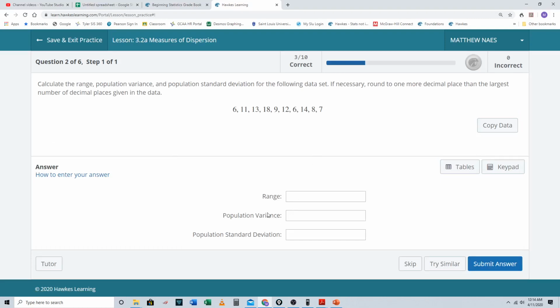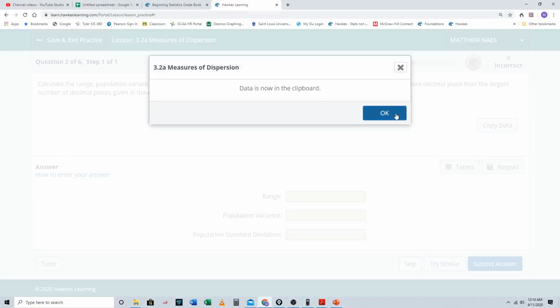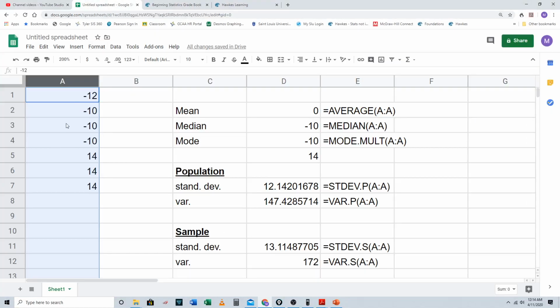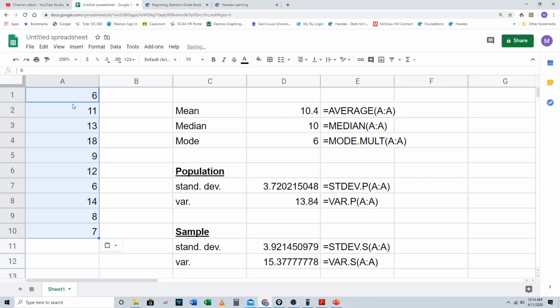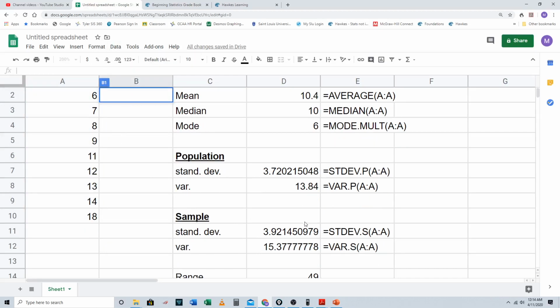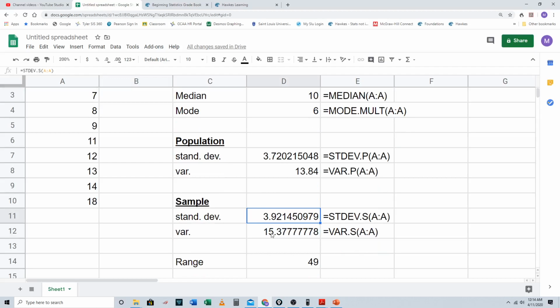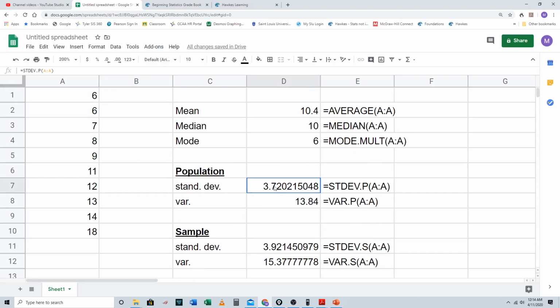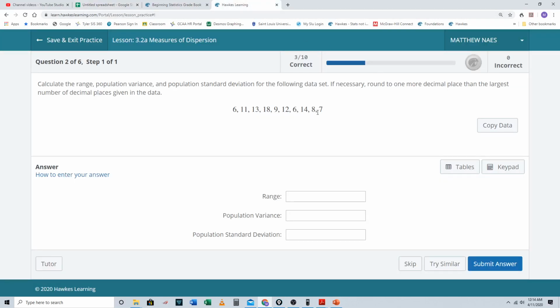Now, this one's different because this one's asking for population. You're going to have to pay attention whether they ask you for sample or population. Once I delete this and paste the new file, I'm going to sort. They want the sample. Okay, oh no, they want population. 13.84.